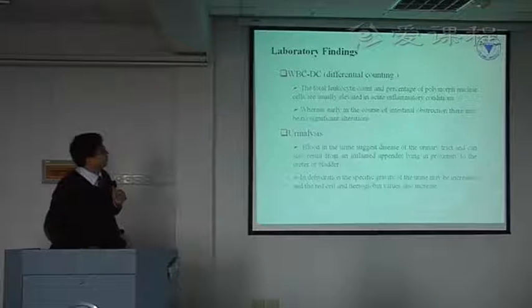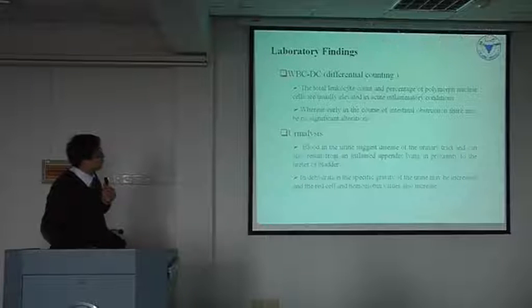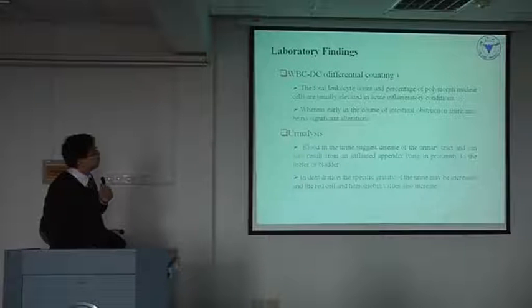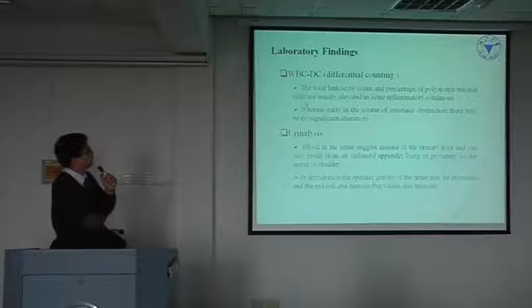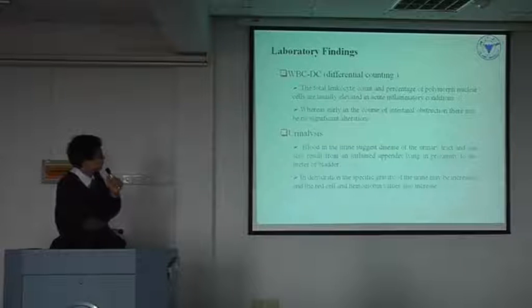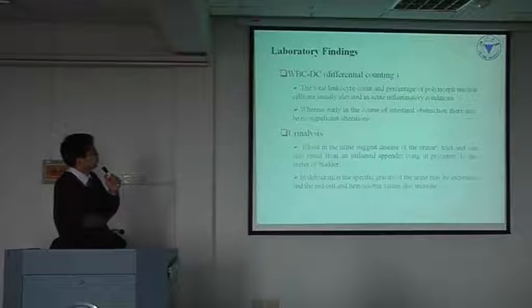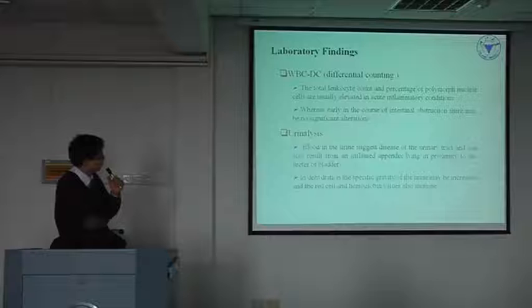In the laboratory, you will find the WBC increased, and you will check the differential counting, the total leukocytes count, and the percentage of polymorphonuclear cells are usually elevated in acute inflammation conditions. Whereas early in the course of intestinal obstruction, there may be no significant alteration.